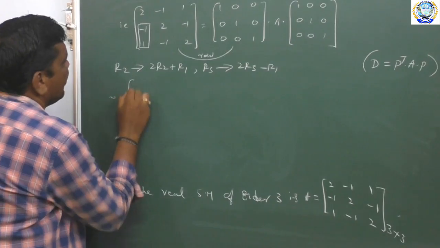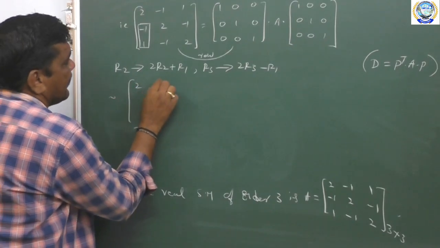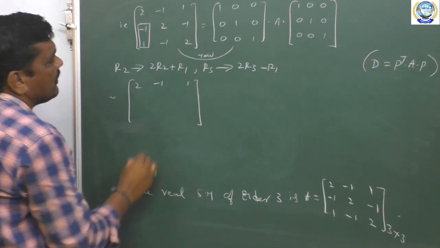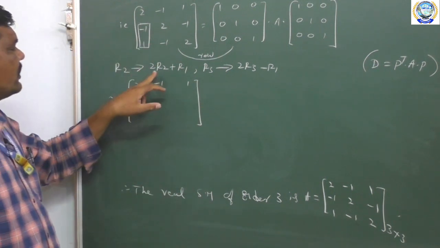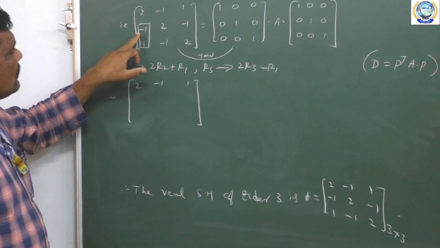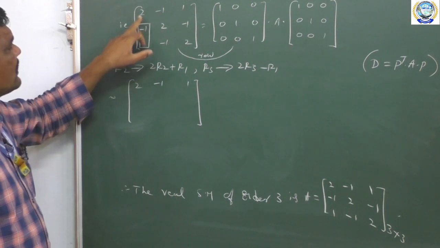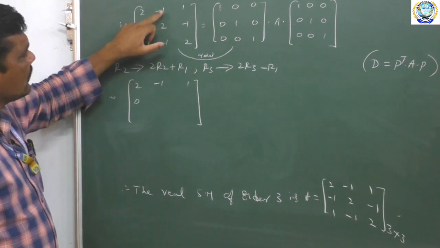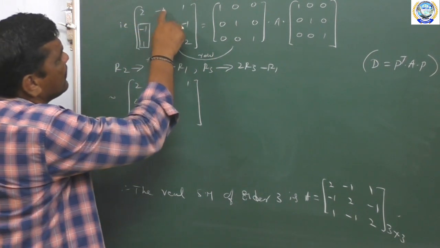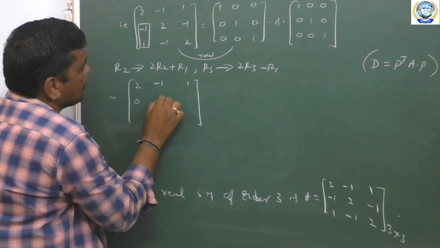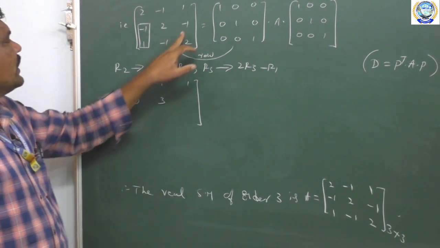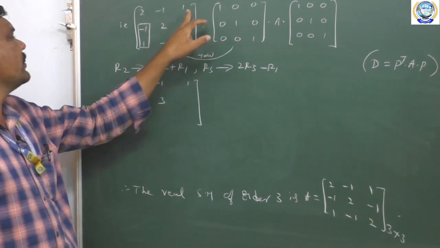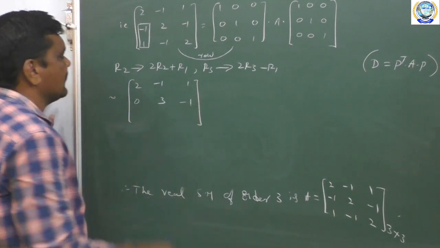So it is equivalent to, first row as usual 2 minus 1 1. In the second row we write 2R2 plus R1. 2 into minus 1, minus 2 plus 2, so it is 0. 2 into 2, 4, plus minus 1, so 4 minus 1 it is 3. 2 into minus 1, minus 2 plus 1, so it is minus 1.